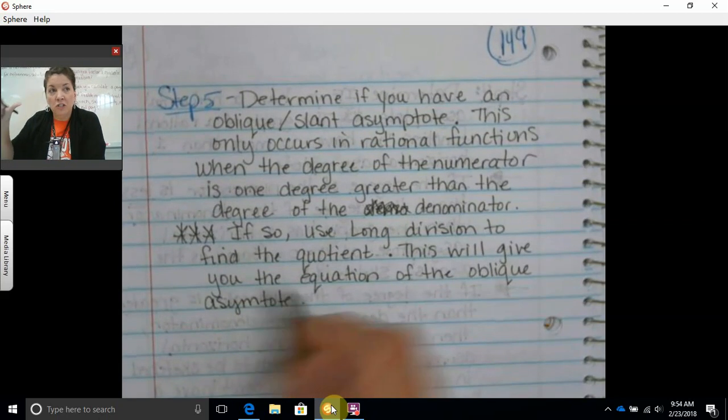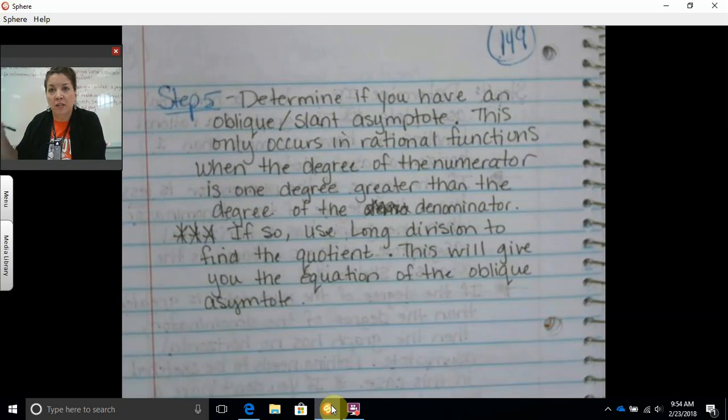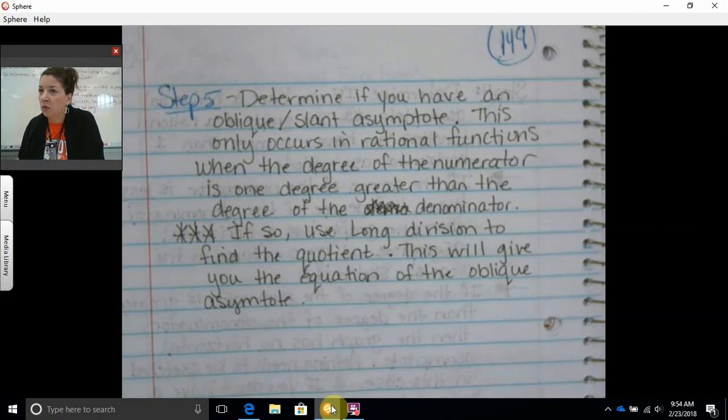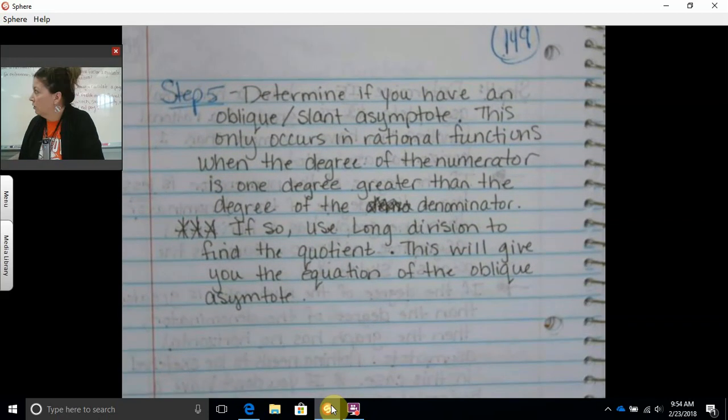So when you do long division, you know how we have what's left at the bottom and we put the degrees in, right? So that's going to be the equation of a line, which will have a y-intercept and a slope. So that's going to be your oblique asymptote, okay? It will be an equation of a line. It won't be horizontal or vertical. That would be a horizontal asymptote or a vertical asymptote.